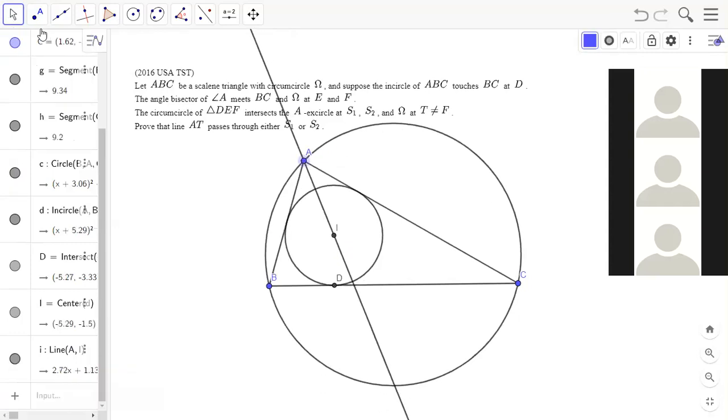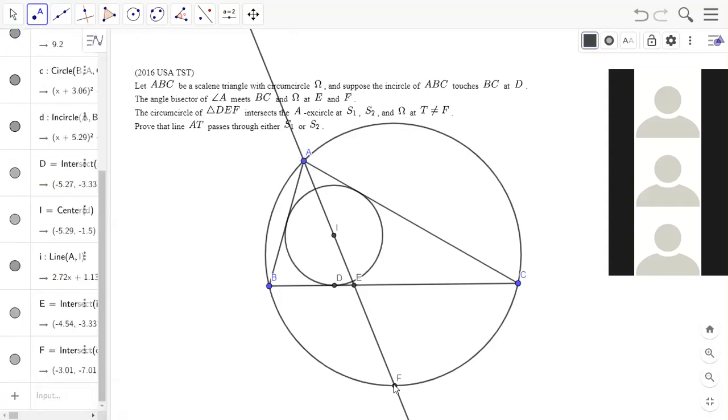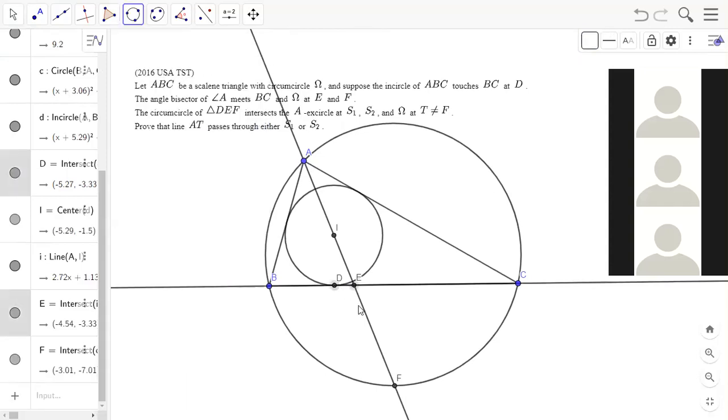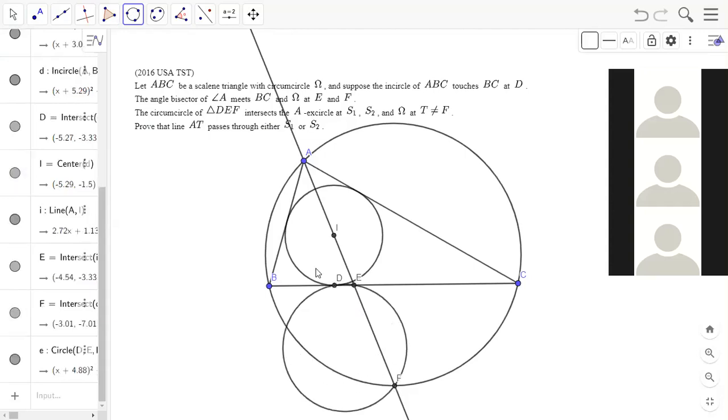Okay, so that's E, and it meets the circle at F, and then we draw the circumcircle of DEF. And we have to draw the X circle.